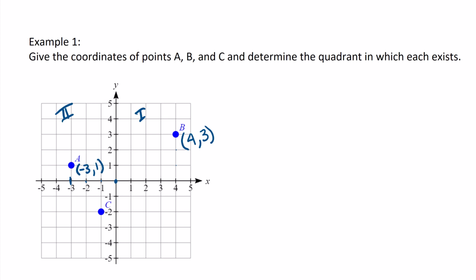Point C is 1 to the left, so -1, and down 2, so -2, to get to C from the origin. This is in quadrant 3.